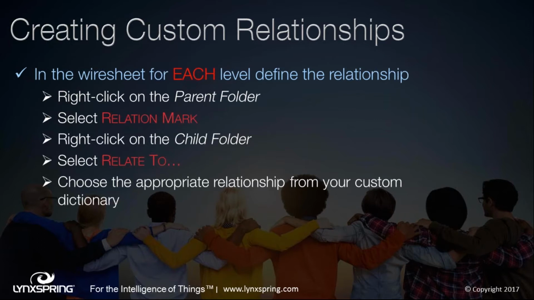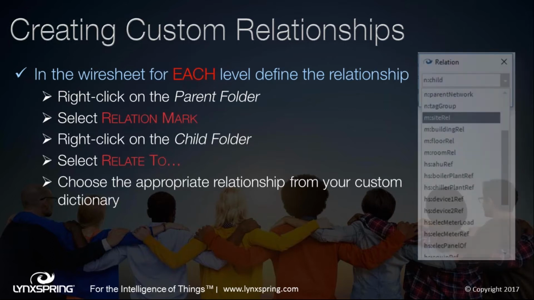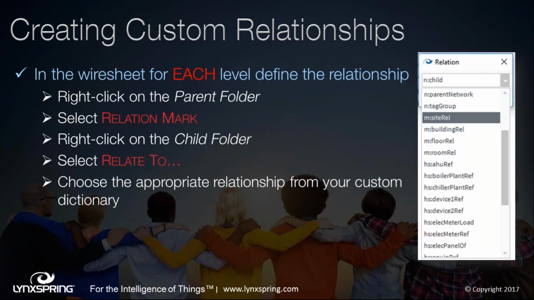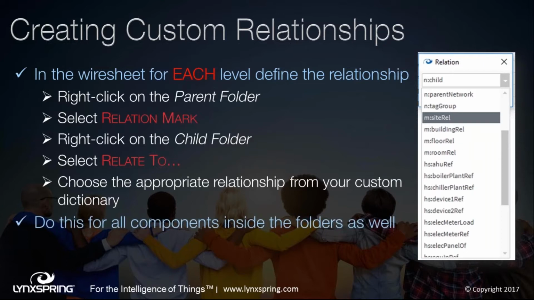And then, as you can see on the right side there, there is a list of choices where you can choose what the appropriate relationship is. So it'll give you some that are built into Niagara, and then you'll also see those custom ones that you created as well. You will have to also do this for the components. So as you go down your file structure, when you get down to where you have those points and things, you'll need to also relate those.